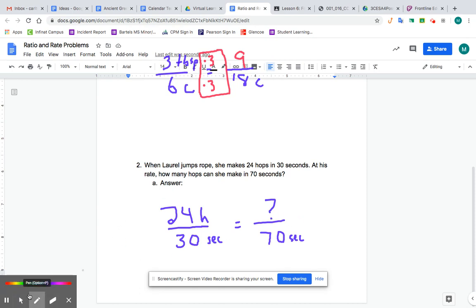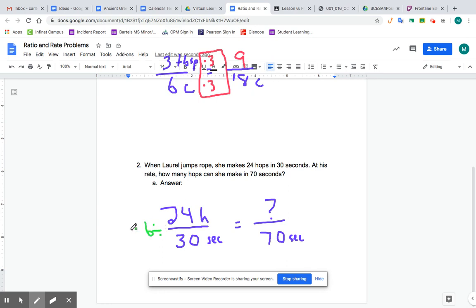Now, I need to think about 30 to 70. Well, I can't do that evenly. So what I'm actually going to do is reduce this first fraction. So if I were to reduce it, well, what goes into both of these? 6.